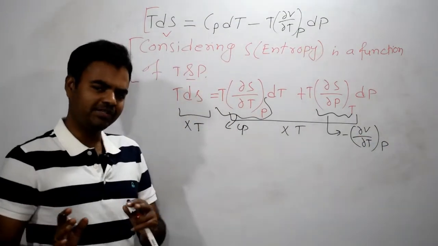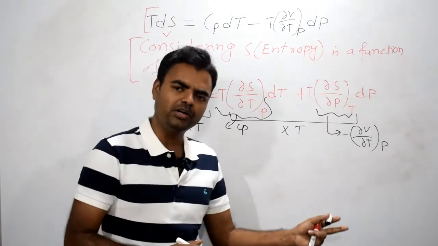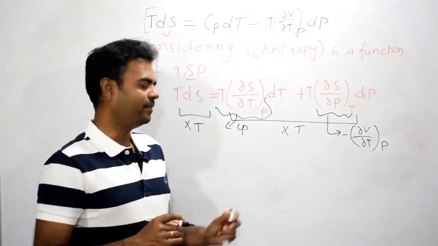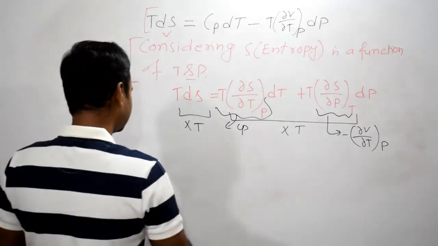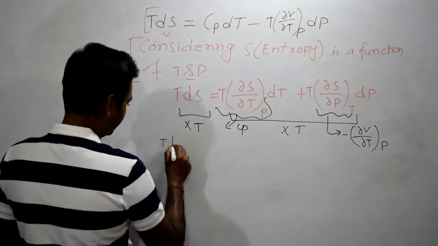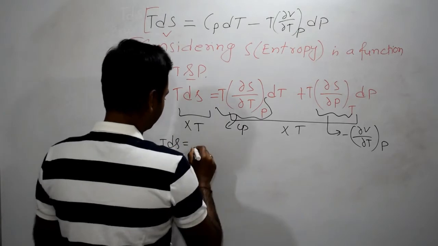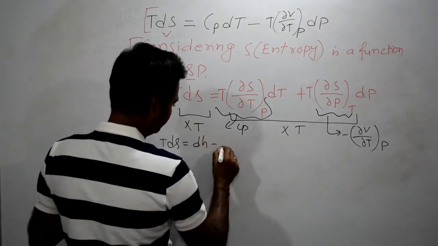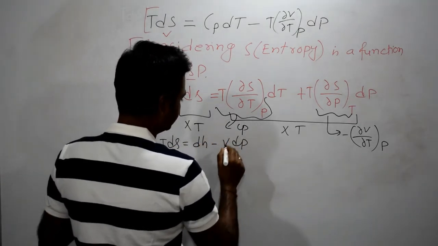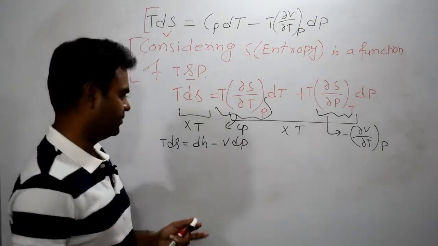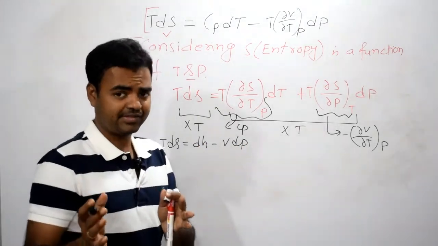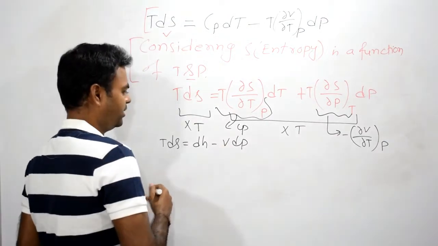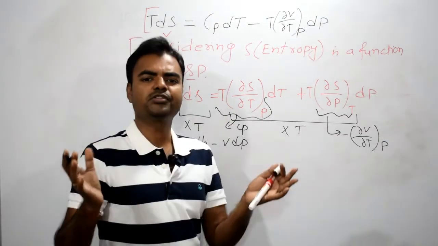So now we have to understand how we can replace these two terms with their desired terms. Let me tell you. One TdS relation we know: TdS is equal to dH minus VdP, which can be written for an open system where volume is not fixed.